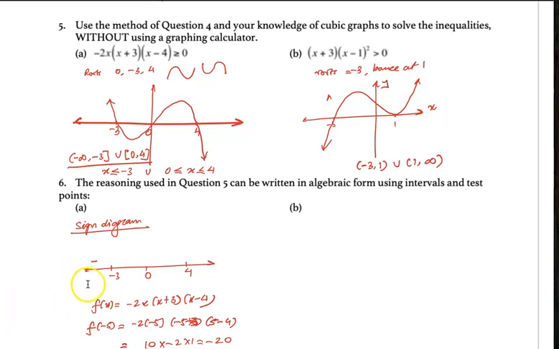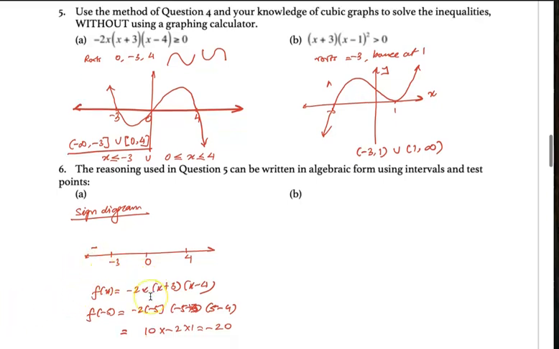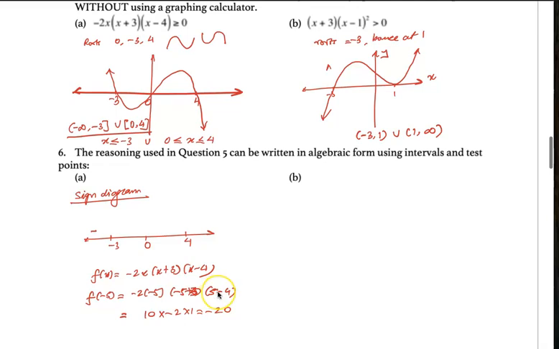Wait, why is it 5 minus 4? Isn't it -5 minus 4? Yes, -5 minus 4 is -9. So 10 into -2 is -20, into -9 gives plus 180. So positive.